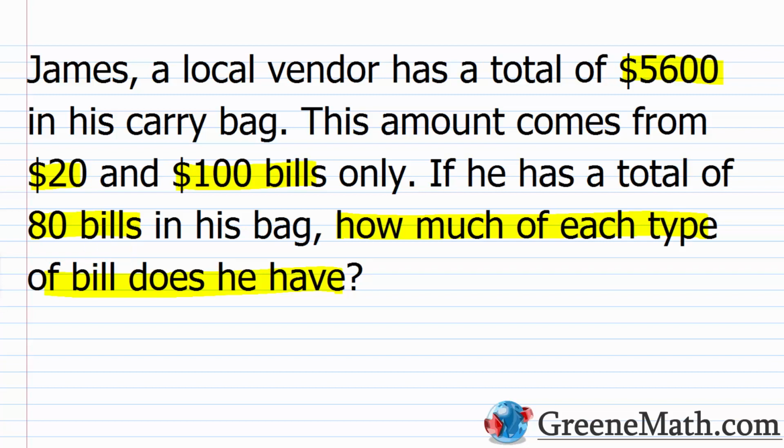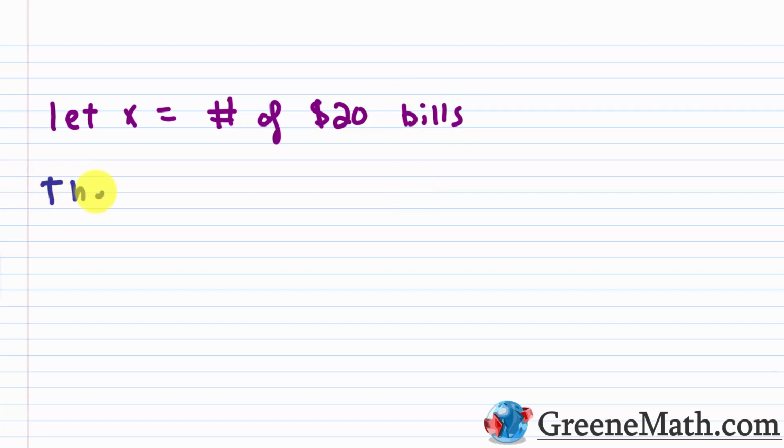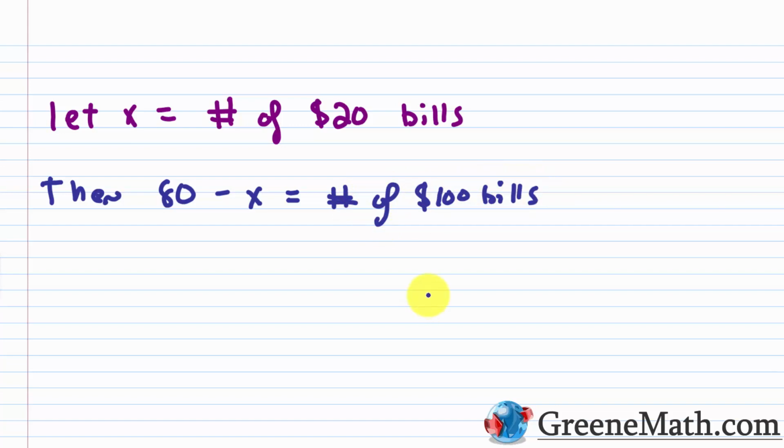So if I let x be equal to the number of $20 bills, then because there's only 80 bills in the bag, 80, the total number of bills, minus x, the number of $20 bills, has to be equal to the number of $100 bills.